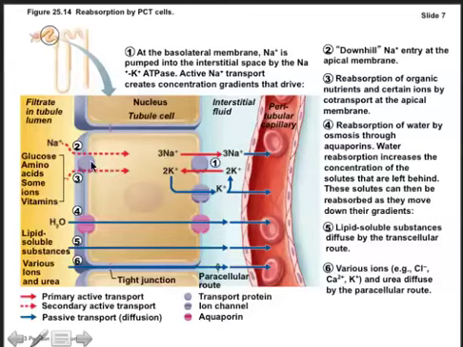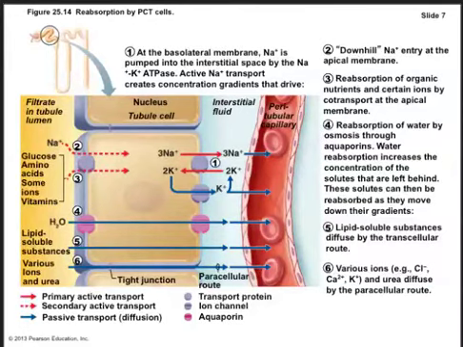And again, they require a membrane channel to move through, a port. And then passive transport is indicated again by the blue arrows here, and that's driven primarily by concentration gradients and not by an input of energy. So active transport, secondary active transport, passive transport, all of these going on at the same time.